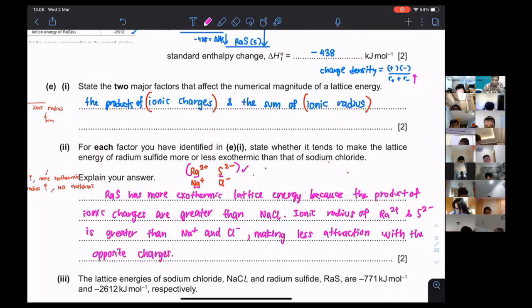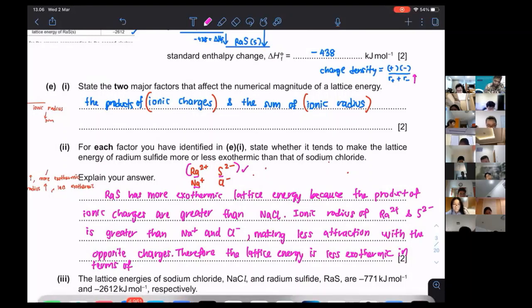Therefore the lattice energy is less exothermic in terms of ionic radius.